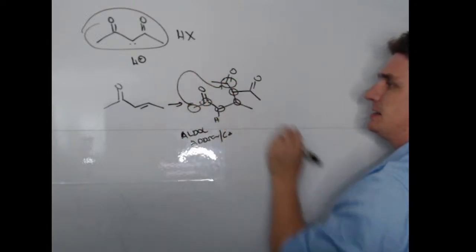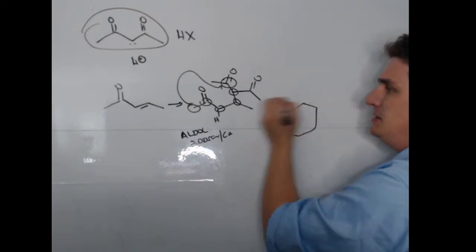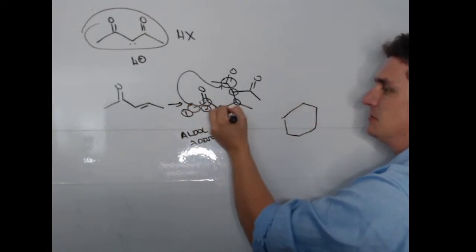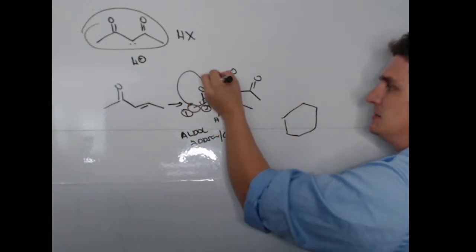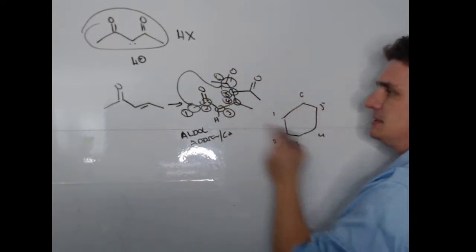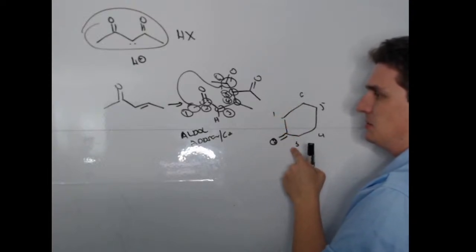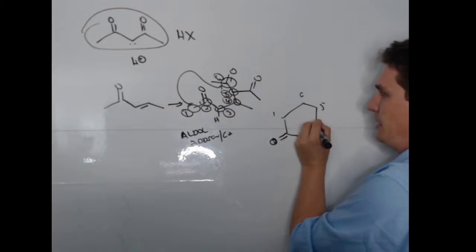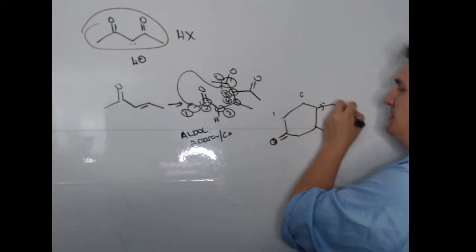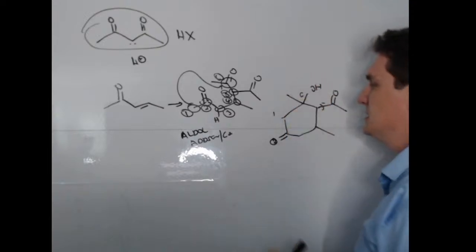So this will attack this, and again, we're going to keep it simple with symmetric. And if we draw our 6-membered ring, we'll number this 1, 2, 3, 4, 5, 6. Carbon 1 is our methyl group, carbon 2 has our carbonyl, carbon 3 has nothing on it, carbon 4 has this methyl group, carbon 5 has this group, and we attack carbon 6 to give us this.